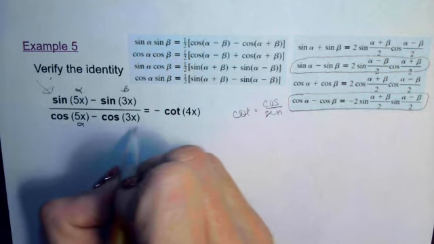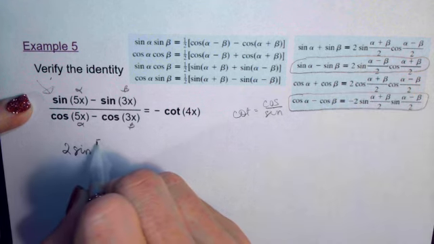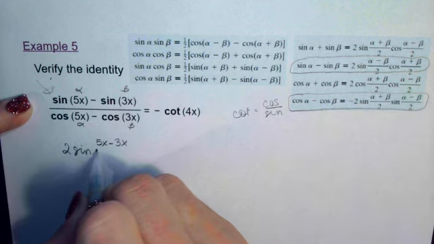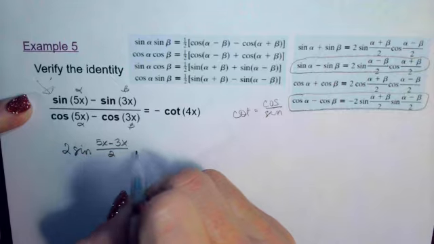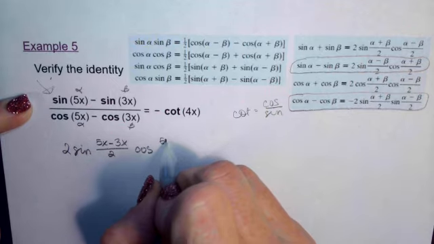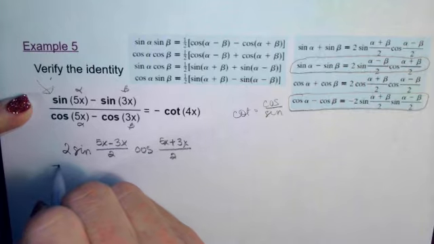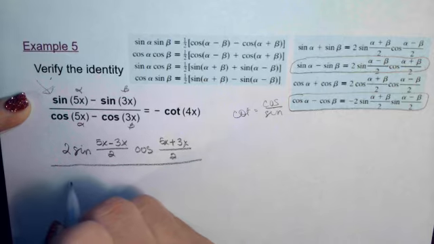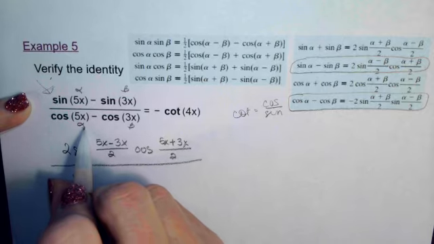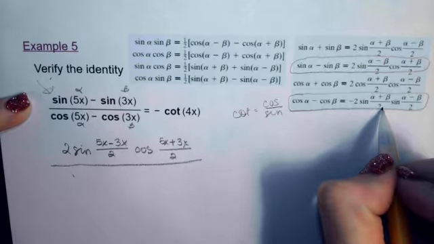All right, so then we've got the numerator of the left side, we have 2 sine of alpha minus beta, so 5x minus 3x, I'm going to just write everything down, all over 2, and then cosine alpha plus beta, so 5x plus 3x all over 2. And then the denominator, cosine 5x minus cosine 3x, is this one.